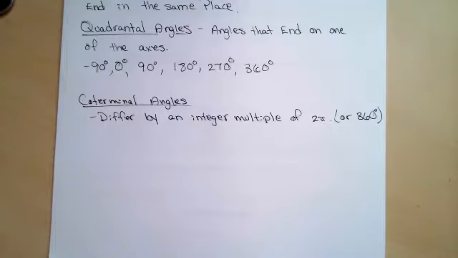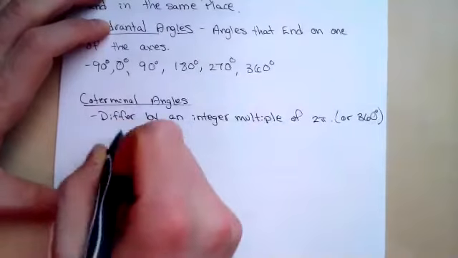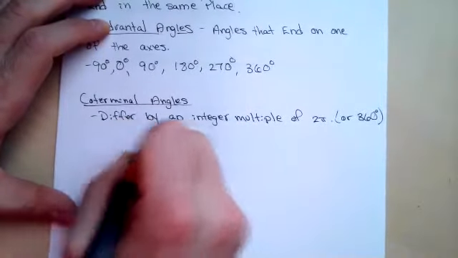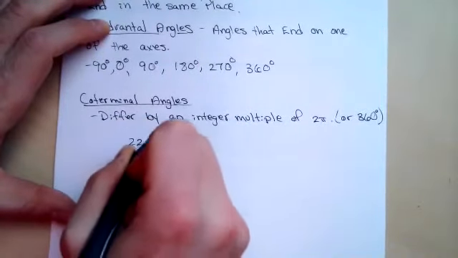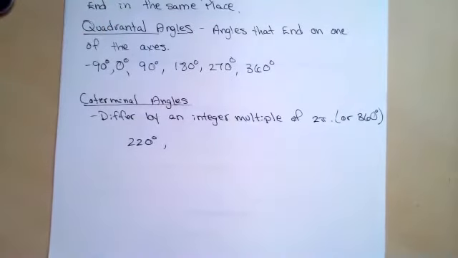So 2 pi, we'll talk about radians here in just a second. Let's work in degrees now for at least one example. So let's say we have something like 220 degrees. If we want to find angles that are coterminal with 220 degrees.